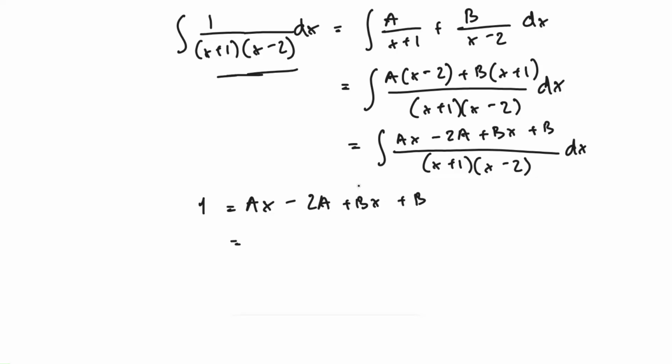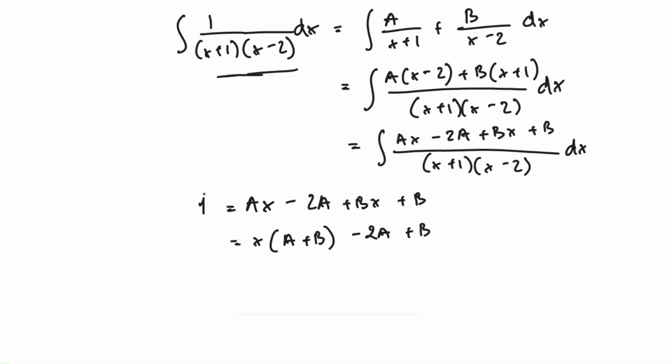We're going to group the x terms together, so we have x(a plus b) plus (minus 2a plus b). You know that this is a binomial function, so we have to compare the coefficient of each term.